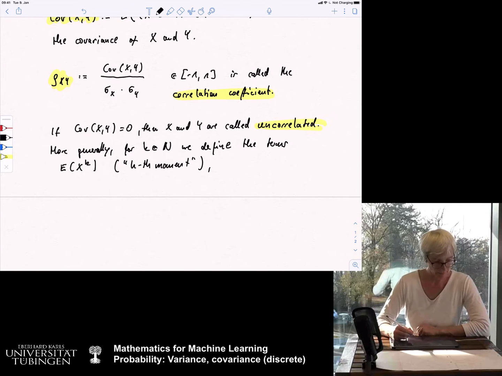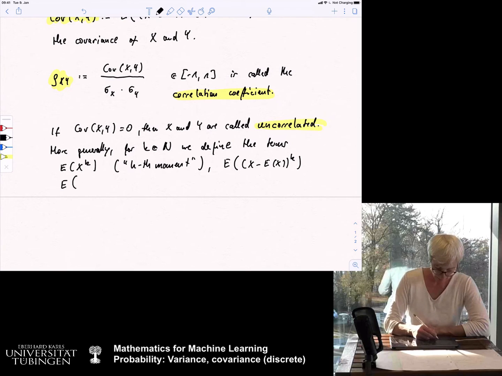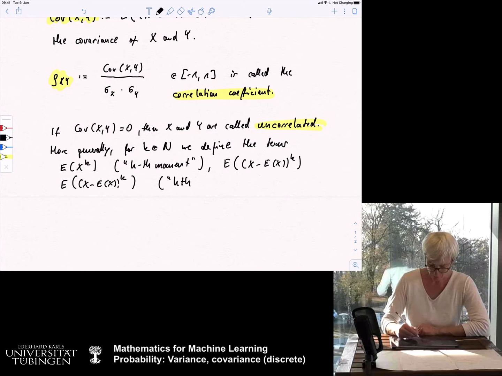And you can, of course, also look at the centered version, E of x minus E of x to the power of k, which is the kth centered moment.